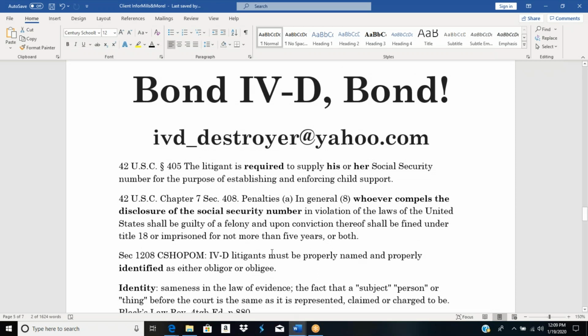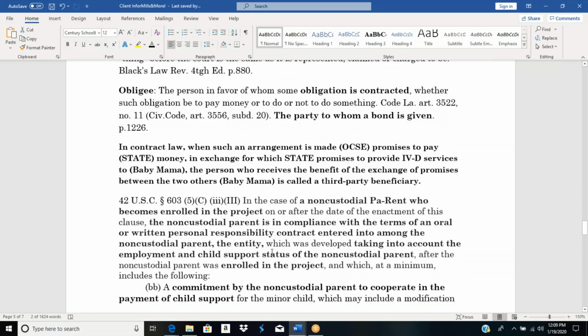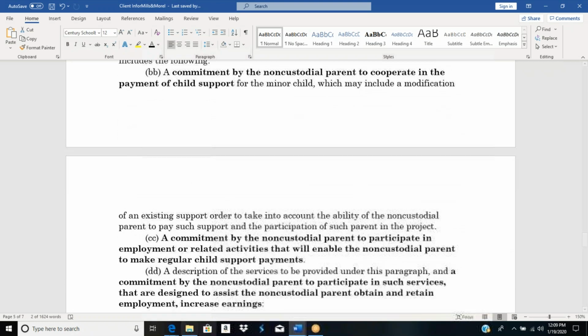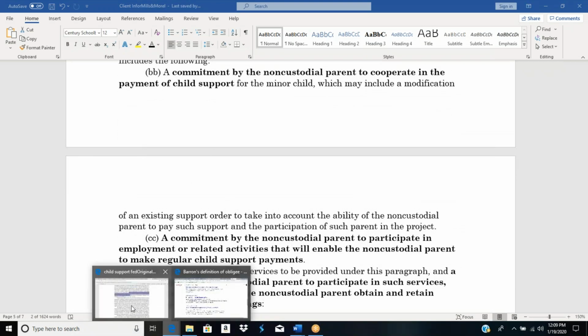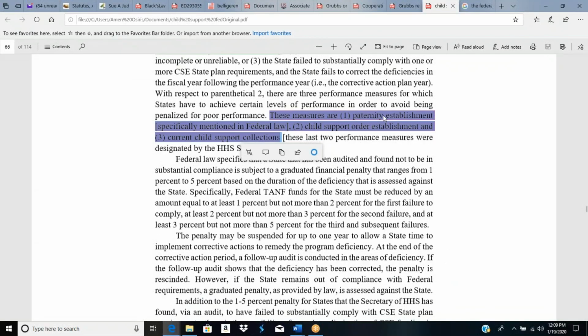Every time they establish paternity, and this is why it's their quotas. Paternity establishment and the order establishment, these are three different bonds, and the collection, that's a third different bond right here, gentlemen.